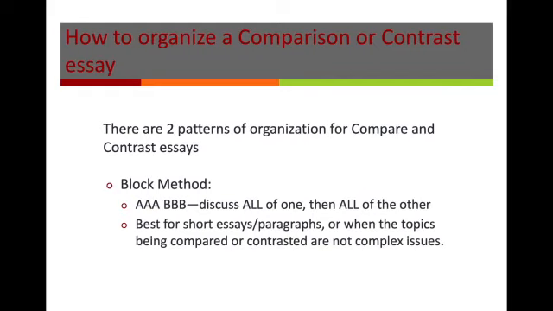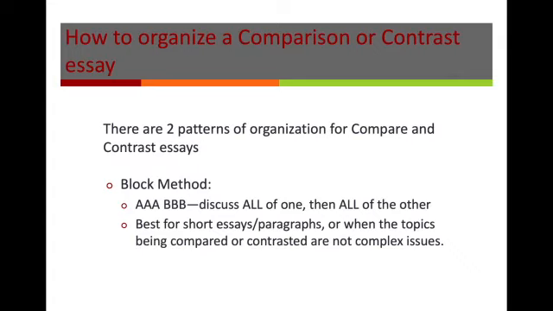So how do we begin to organize a comparison or a contrast essay? There are two major patterns that most essays will take. The first one is known as the block essay, where you're discussing all of one comparison and then all of the other comparison, or you're discussing all of the contrast in one point and then all of the contrasts in the other.